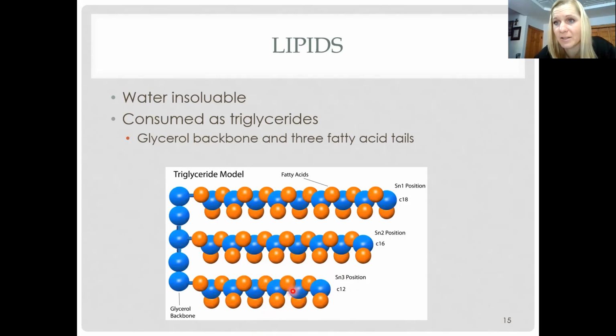Those fatty acids are then absorbed into the bloodstream, and then I will reconvert them back into triglycerides. So I store them in the body as triglycerides as well. I consume them as a triglyceride, break them down into fatty acid chains, and then rebuild them in the body back into a triglyceride if I want to store them.